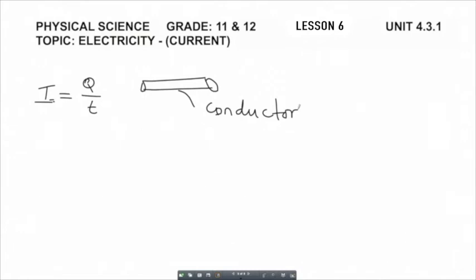If this conductor is connected within a circuit, so by connecting in a circuit, we are saying if this is a piece of conductor, it could be copper, any other conductor that you can connect in a circuit. The assumption is that if this has a charge of say 200 coulombs.